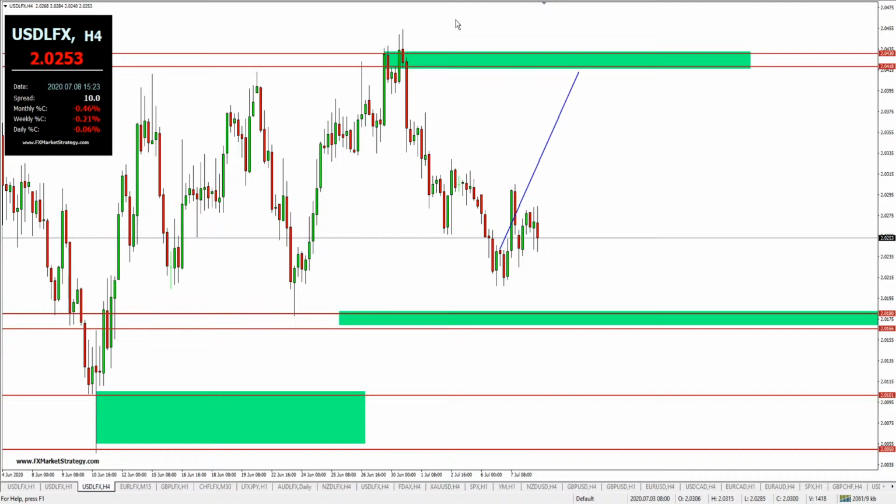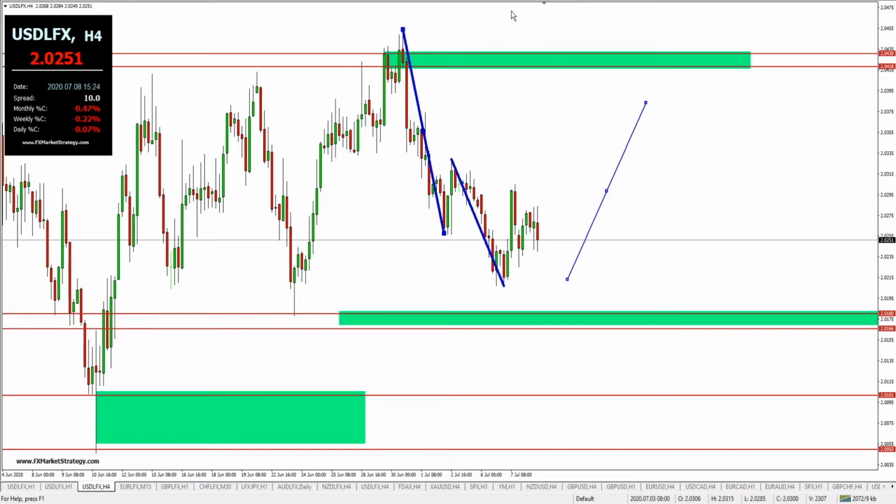Okay. If you take this as wave number 1, okay, and that's wave number 2. So really you're waiting for possibly a copy of that one before you get a reverse.